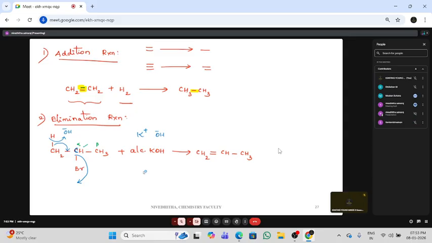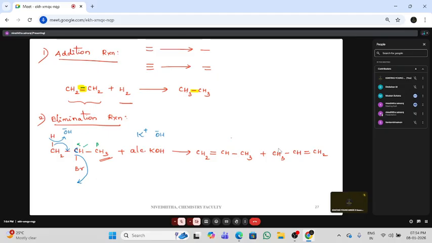Yes, one beta hydrogen and bromine were eliminated. See, I've removed one beta hydrogen from the left side carbon. We can also remove a hydrogen from the right side beta hydrogen. For example, if I remove a hydrogen from this carbon, then the product will be CH3, CH double bond CH2.